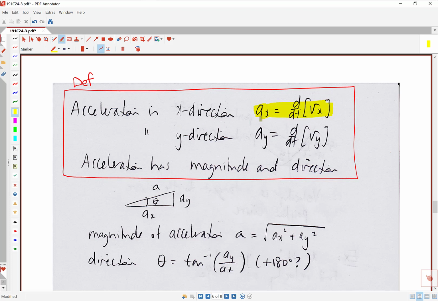So if you just say this to yourself in words, to get horizontal acceleration, just take the derivative of horizontal velocity. To get acceleration in the y direction, or vertical acceleration, the symbol that we'll use is a sub y, and the way we actually get that is to take the derivative of v sub y.